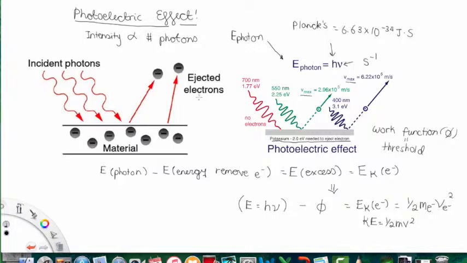If light only had wave properties, then increasing the intensity of the light should end up in ejecting more electrons. From here, we can do a lot of different worked examples, and using the photoelectric effect, we can calculate different wavelengths and different frequencies of light, and I'll show you those problems right now.